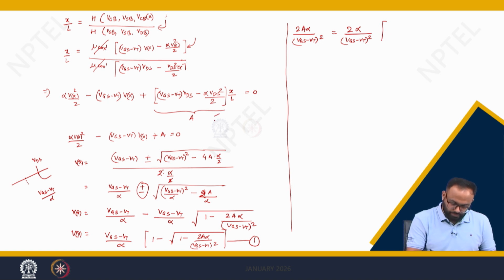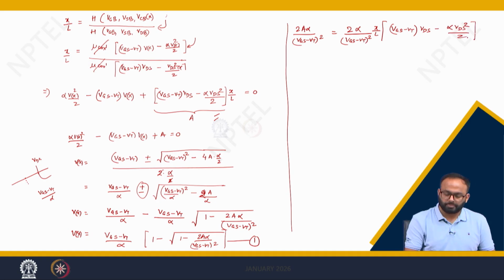A is defined here. It is what? (x by L) into (Vgs minus Vt) into Vds minus alpha into Vds square divided by 2. So x by L you keep outside and the rest you put inside the bracket.